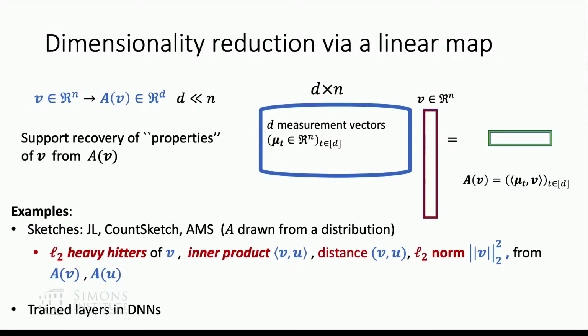The count sketch, the AMS sketch, and the JL transform are examples of that. Compression layers in neural networks are also an example. And basically the goal of the attack is to construct bad inputs.